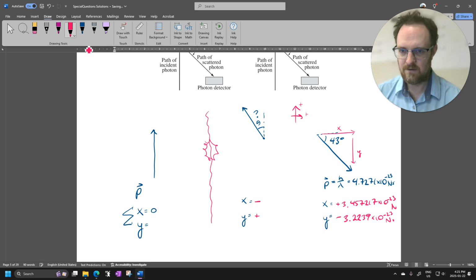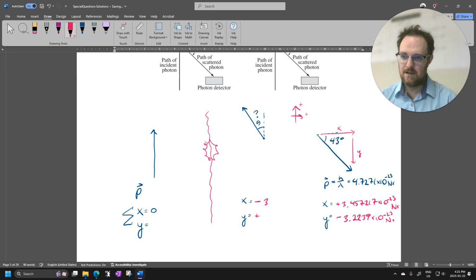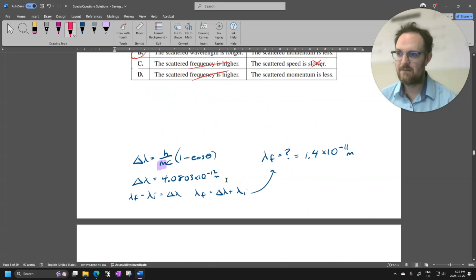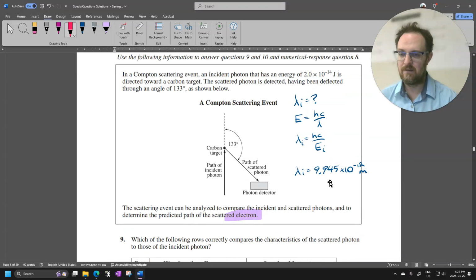Okay, this again, Newton seconds. Based on our logic, since x has to add up to 0, this has to be the same as the other x, but in the opposite direction to make sure it adds up. Not too bad. And then the y's just have to add up to what the y is originally. So I had to find out what the wavelength was. So there's the wavelength.